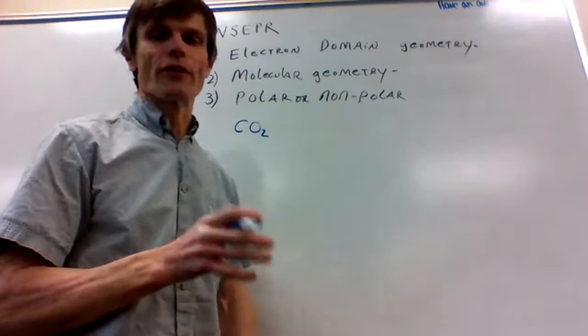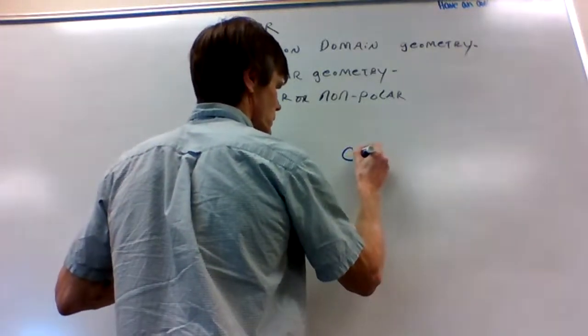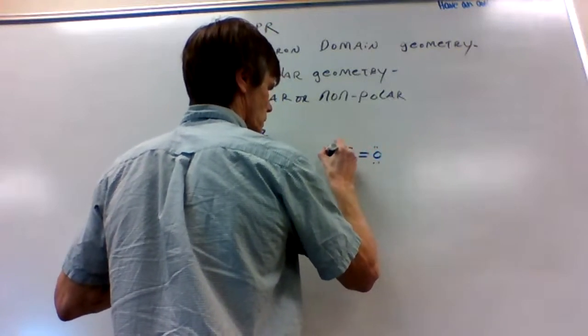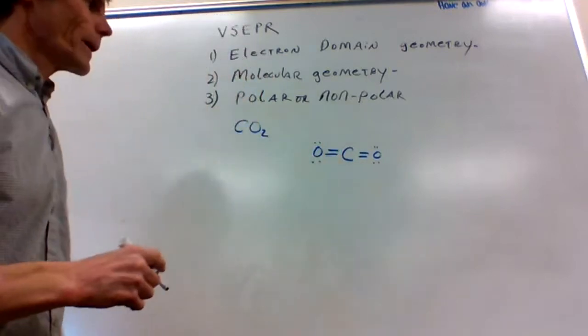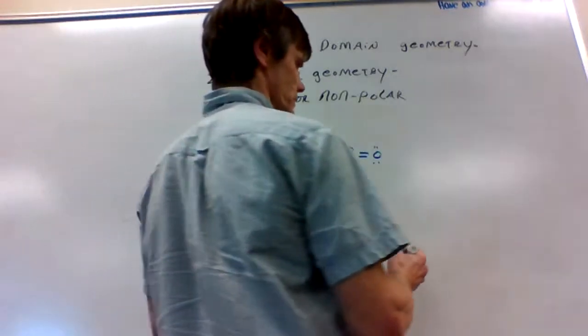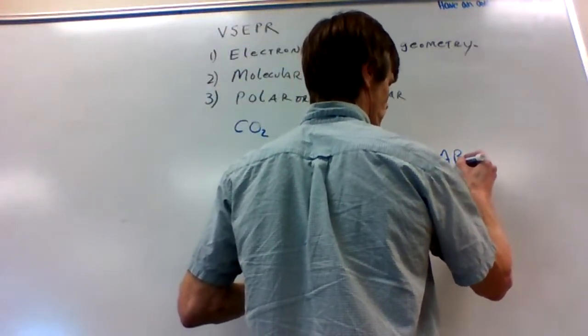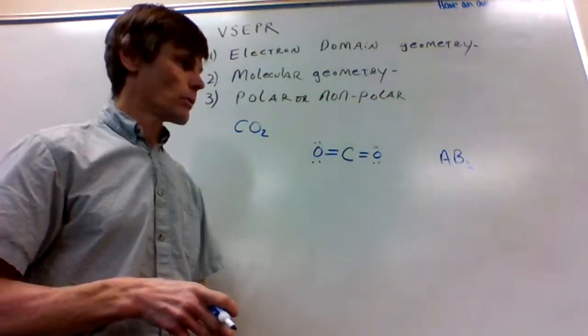And we did draw the Lewis structure for this. And we would see that we have a central atom surrounded by two atoms. And this follows as an AB2 type of molecule.